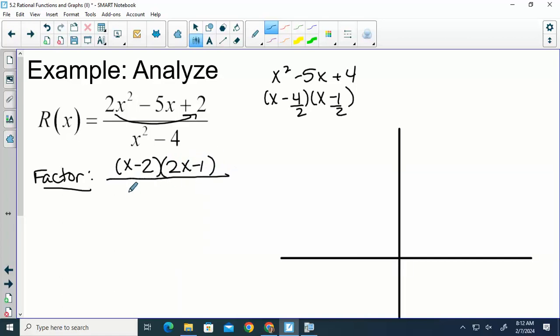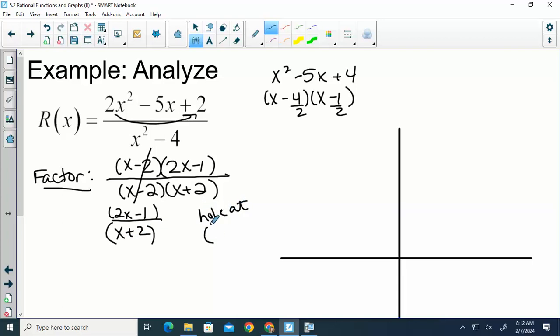What's the denominator factor into? What happens? Hole. x plus 2. So that cancels, leaving us with this fraction. But what that means is there is a hole at, so you look, what makes x minus 2 zero, which is positive 2.